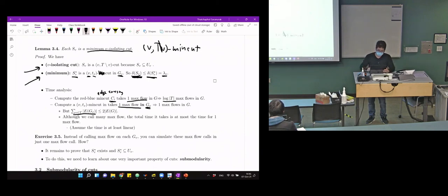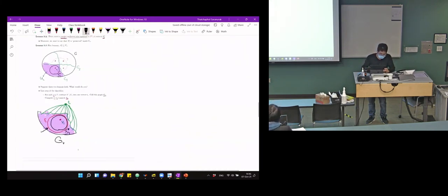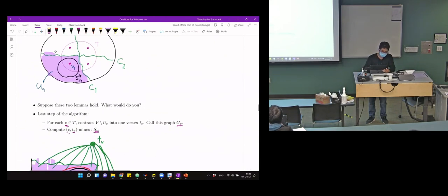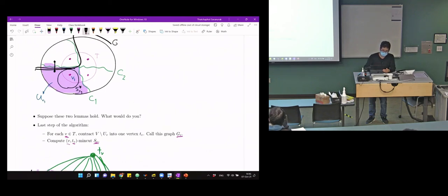Right? So if an edge is inside here, then it appears in just one part. If an edge is here, then it appears 2 times when you contract everything here, and when you contract everything here.